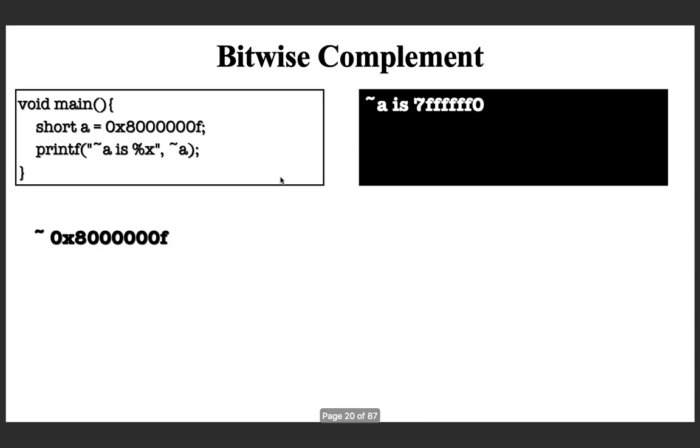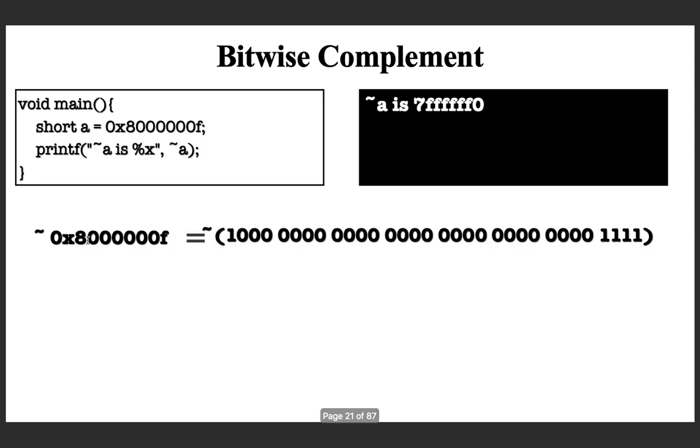So this is what you are trying to perform: the complement of this hexadecimal value, with the prefix required for a hexadecimal value. Now to understand how it is performed, let us expand this hexadecimal value. You know that each hexadecimal digit is represented using 4 binary digits.